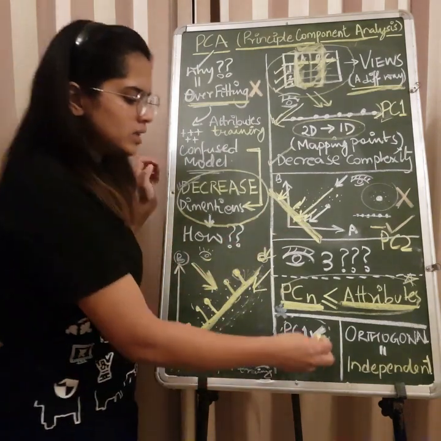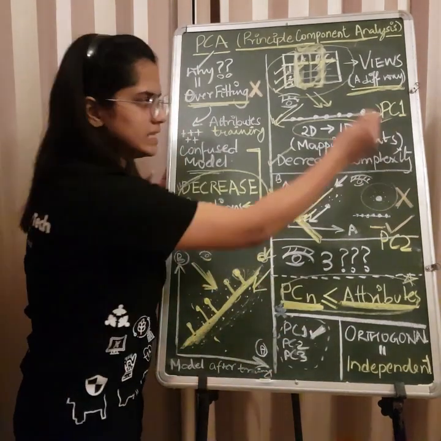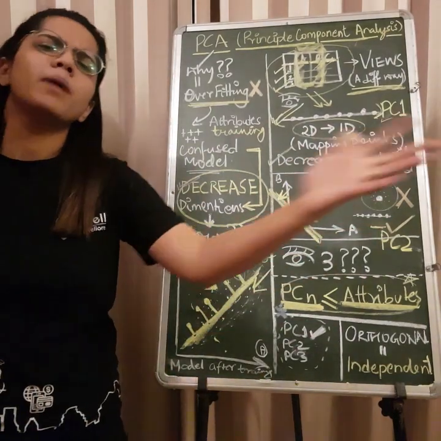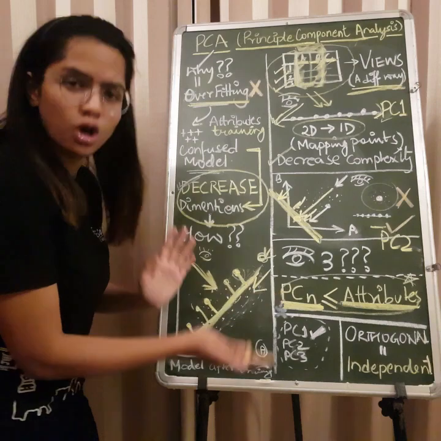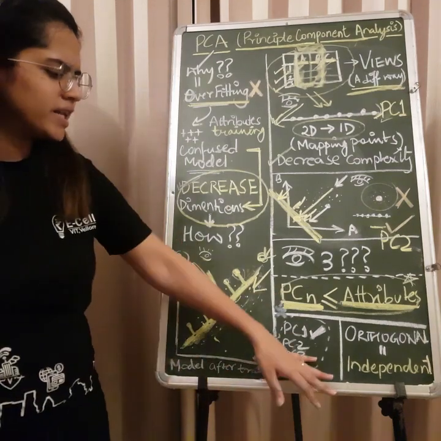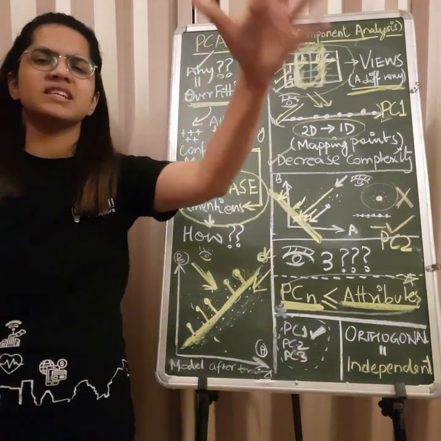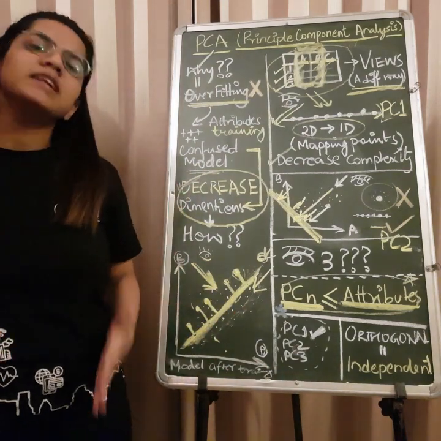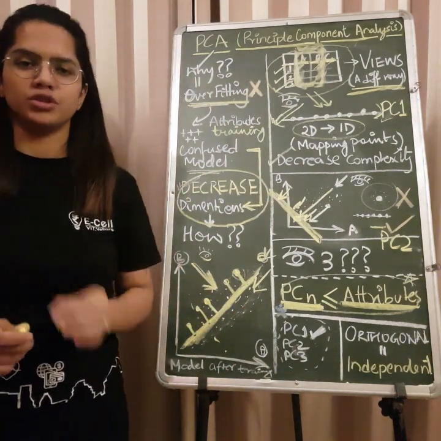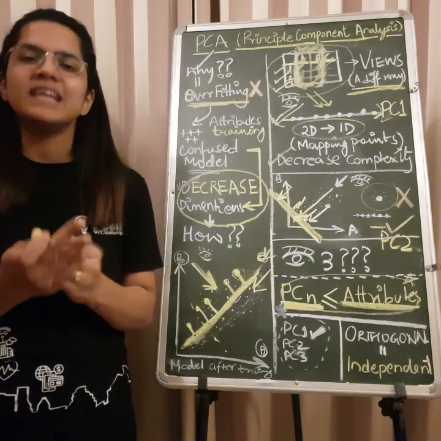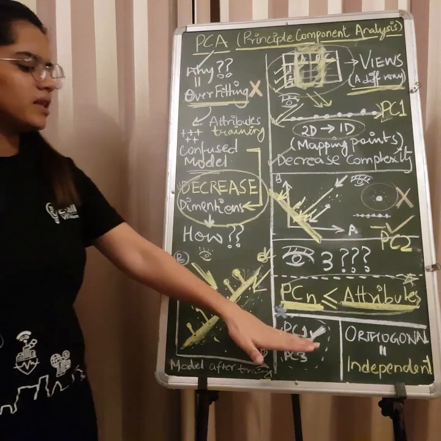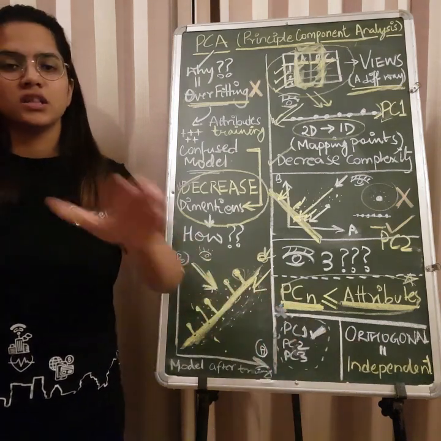Now, let's say PC1 is this, PC2 is this, and for a dimension where you have more attributes that you're considering in your model while training, you will get PC4, PC5, PC6, and so on and so forth. Between these principal component lines, there will always be a confusion of which component gets the maximum priority. Which component needs to be considered the most.